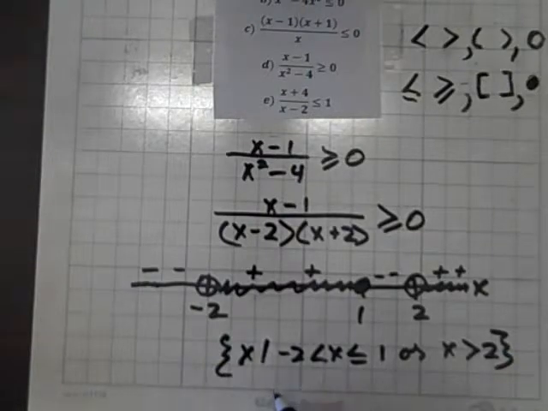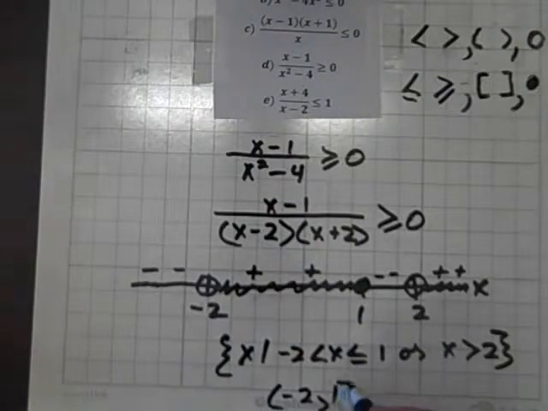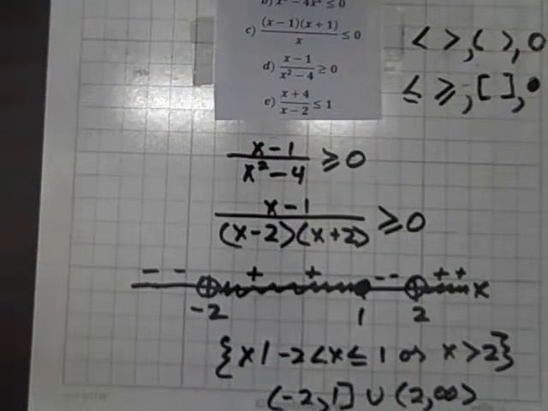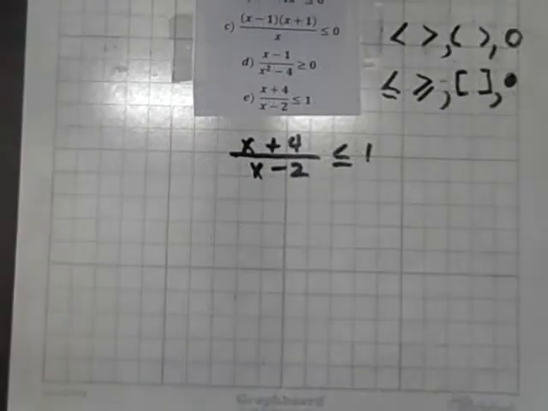In interval notation we have parenthesis negative 2, 1 bracket, union, parenthesis 2 to infinity, parenthesis, and we're ready to move on to our last inequality.